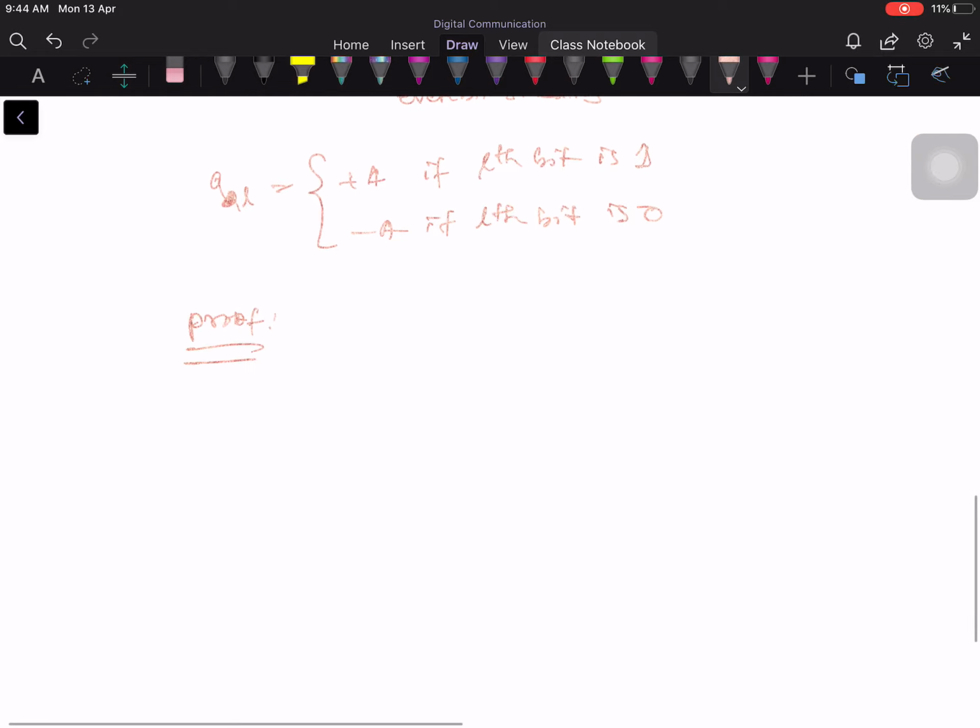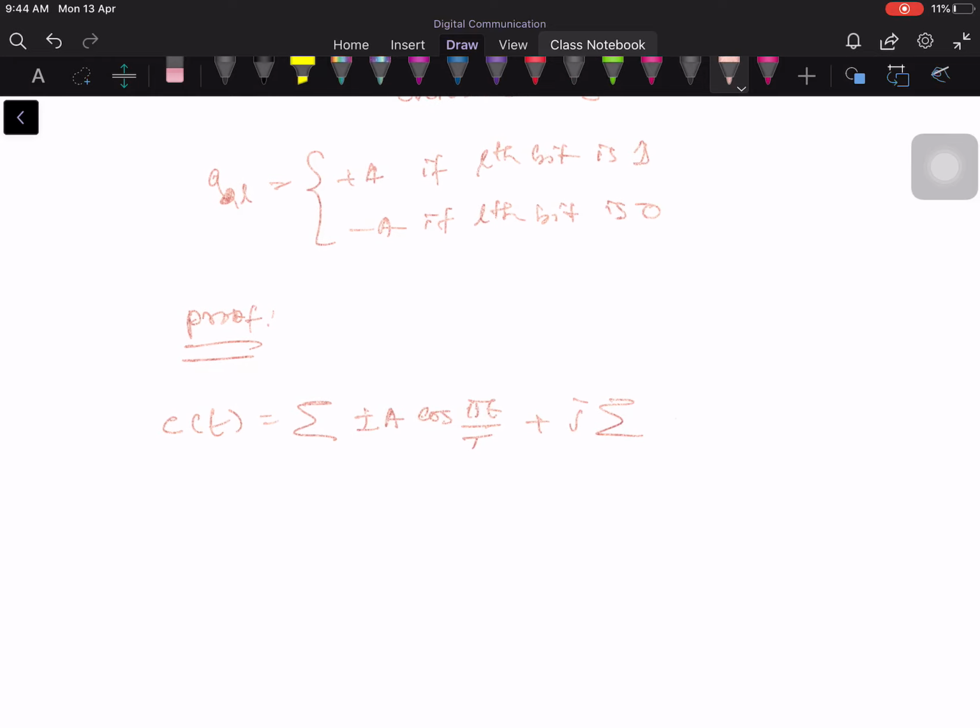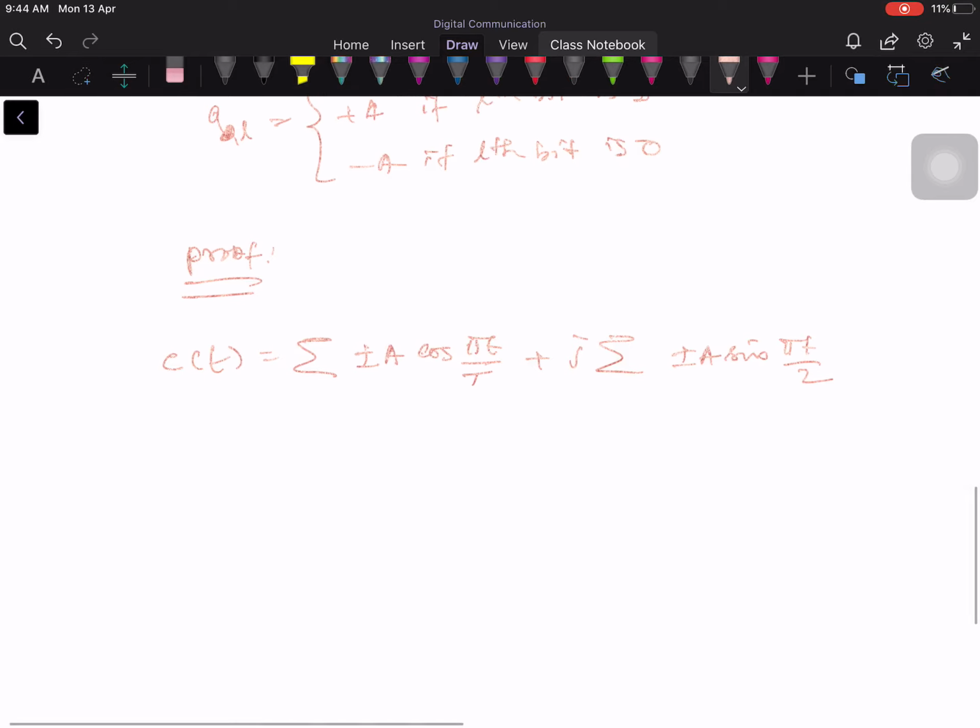So the proof is: c(t) is equal to the summation of, which takes either plus A or minus A, times cos(pi t by T), plus j times the summation of plus or minus A times sin(pi t by 2T). Now I want to say the envelope or amplitude of c(t) should be equal to 1, where l goes from minus infinity to plus infinity.